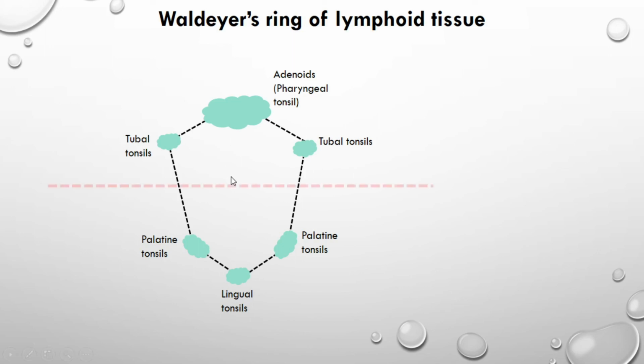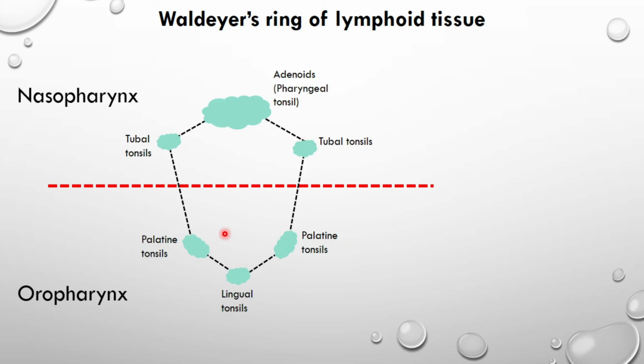So we can actually draw a line and distinguish those parts of the lymphoid tissue that lie in the nasopharynx from those that lie in the oropharynx. So you have your pharyngeal tonsil within your nasopharynx, or your adenoids, you may also have heard them referred to, and also your tubal tonsils. And the tubal tonsils sit around your eustachian tube, so the opening of that auditory tube between the middle ear and your nasopharynx.